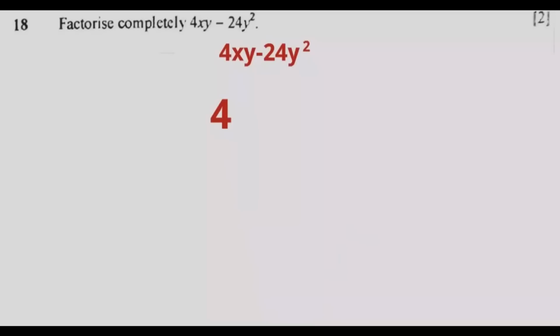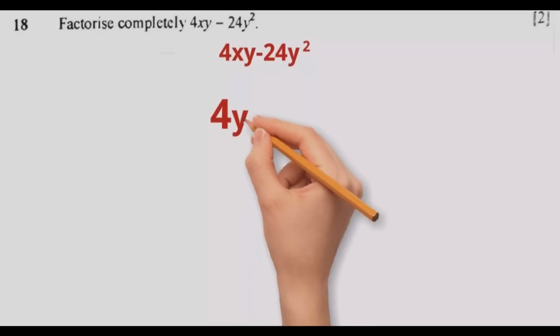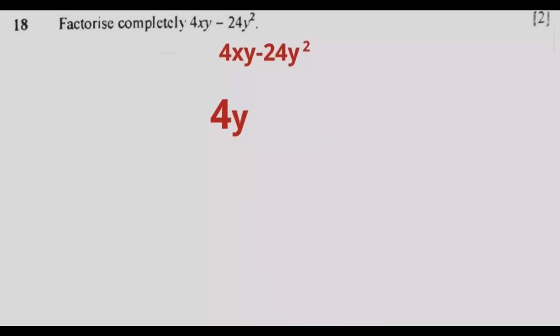The variable that is found in both is y. So I'm going to look at the exponent of y. The smallest exponent is the one I'm going to take, so the smallest exponent is y raised to the power of 1, or just y. So I'm going to have 4y.